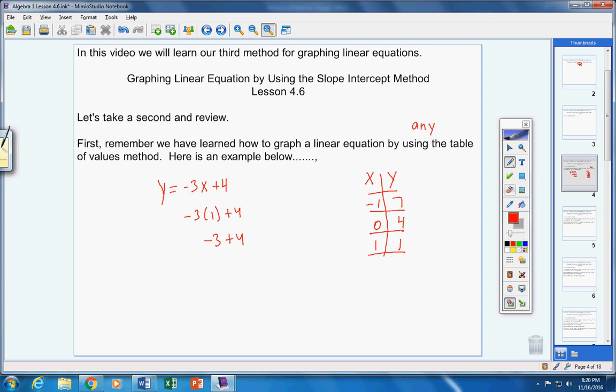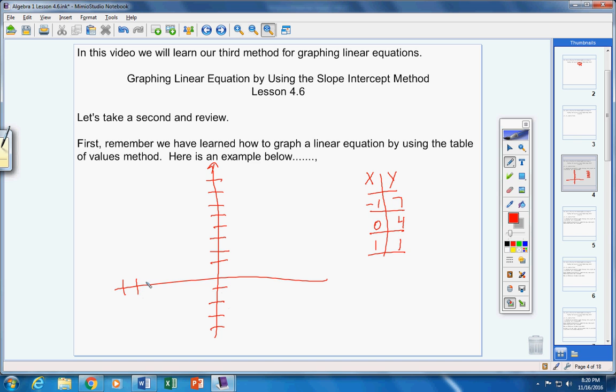Now, I'm not trying to teach you right now. If I was, I would go a lot slower. You should know this already. I'm just reviewing. You then draw your coordinate plane. And again, you don't have to take notes on this if you don't want to.